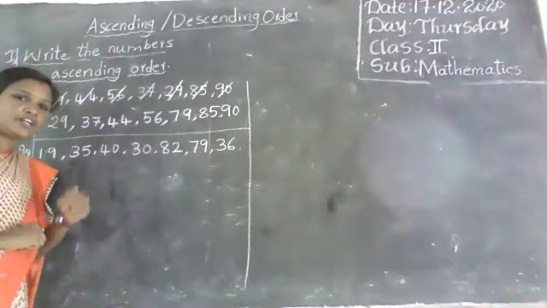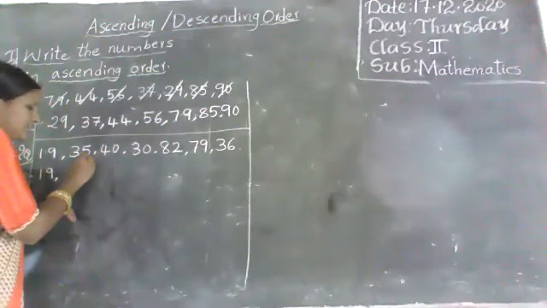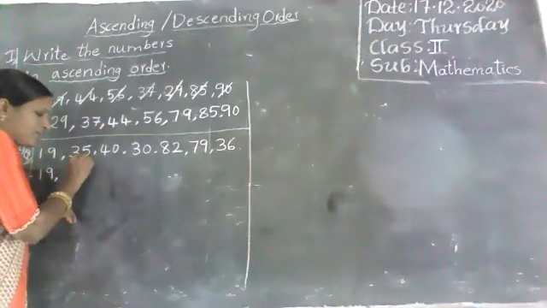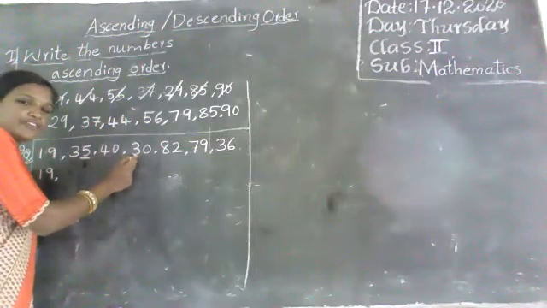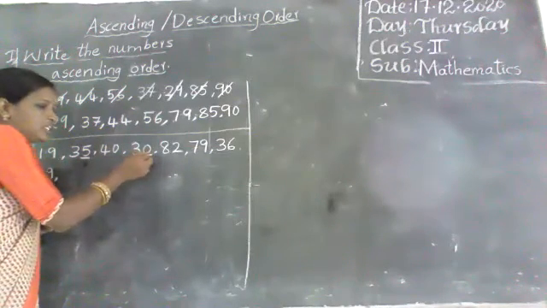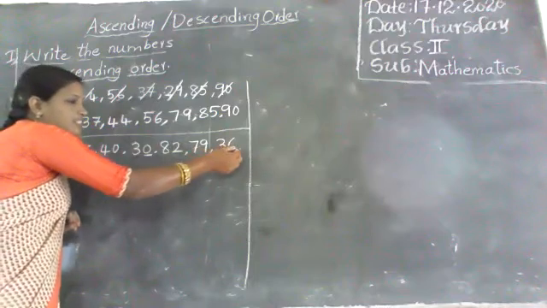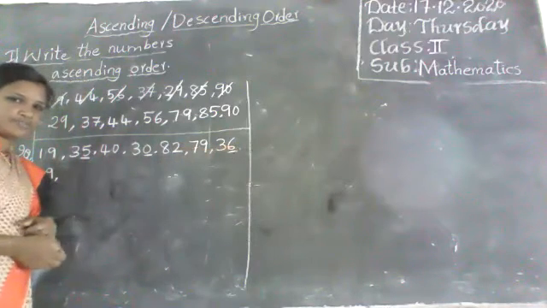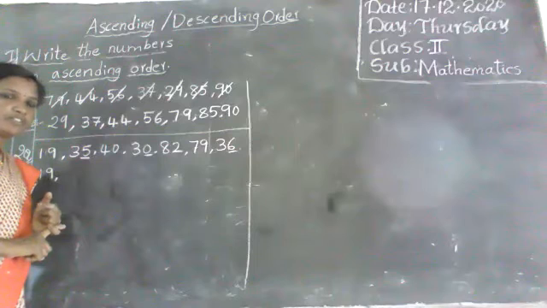Understand, children? Now we have to go to the ones places. In 35, the ones place has 5. In 30, the ones place has 0. In 36, the ones place has 6. First, we want the smallest number.